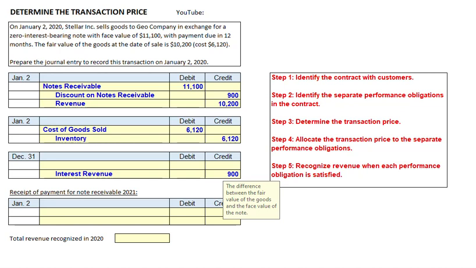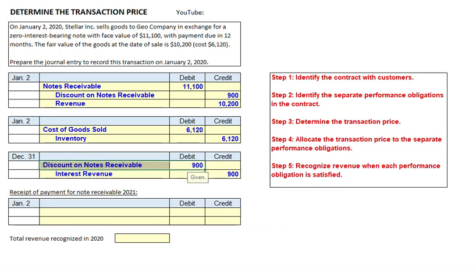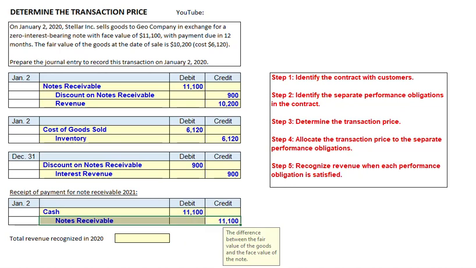We will want to record $900 in interest revenue, perhaps a little bit less if we want to get picky about the actual 365 days, but it's certainly close enough to $900 in interest revenue. And of course, we will debit the discount on notes receivable for $900. Then when we receive payment on January 2nd, 2021, we will of course debit cash for the $11,100, and we will remove the note from our books.